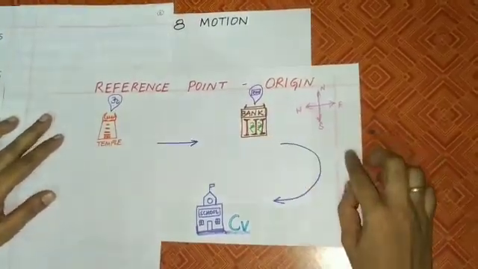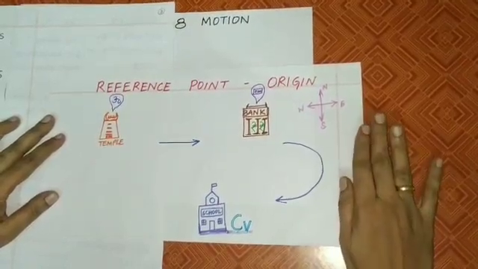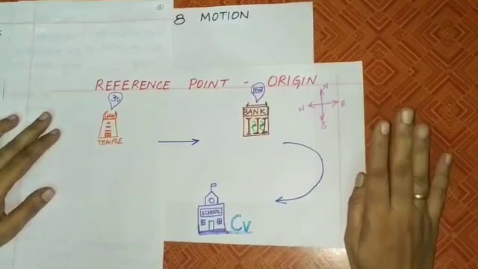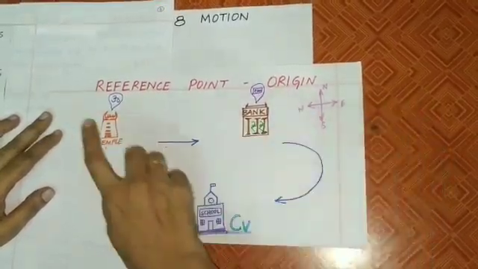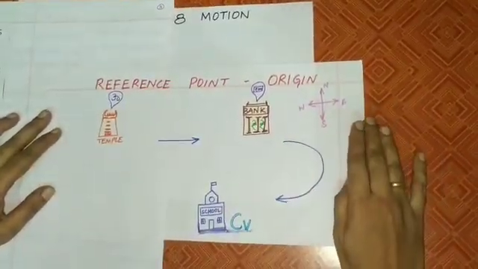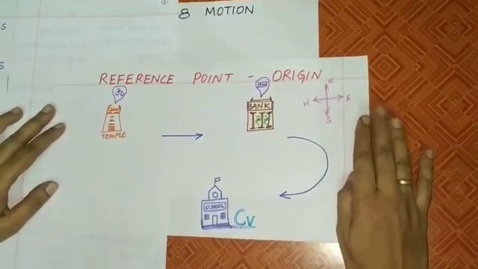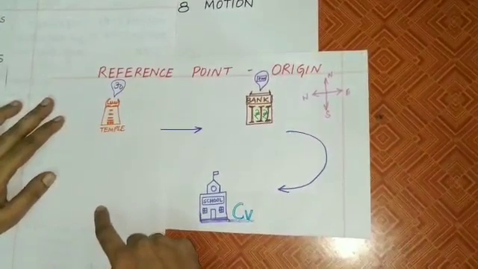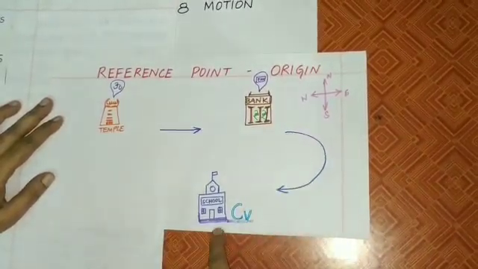For example, when you plan to go to a place, you refer a landmark as a reference point. For example, you stand in front of Adiyar Ayyappan temple and you want to reach our school. What you have to do?